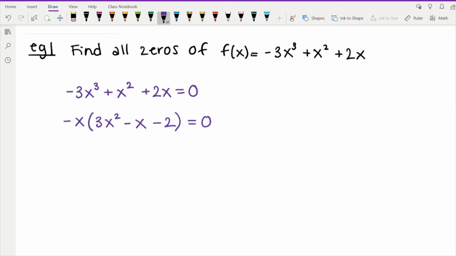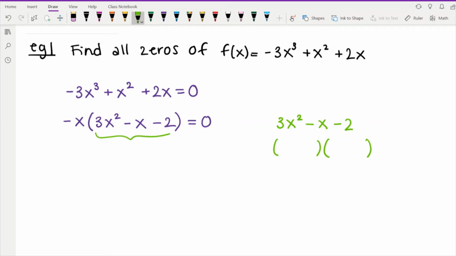Okay, so how do we go about factoring something like 3x squared minus x minus 2? Maybe I'll bring this piece off to the side here. We've done a couple of examples like this with factoring quadratic expressions where the leading coefficient is not 1. And we've talked about how guess and check is usually the most efficient method.